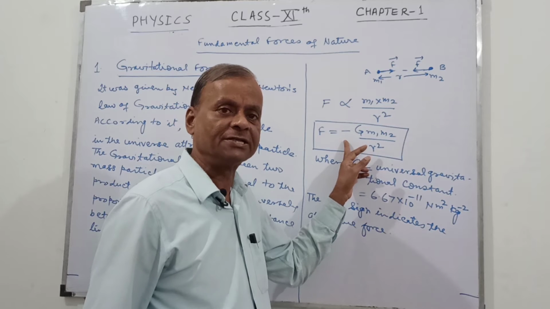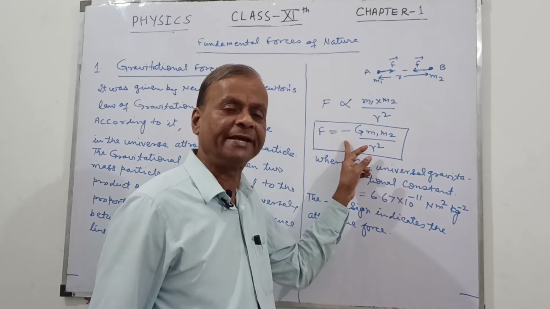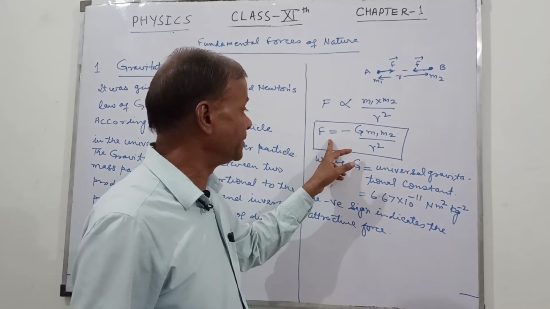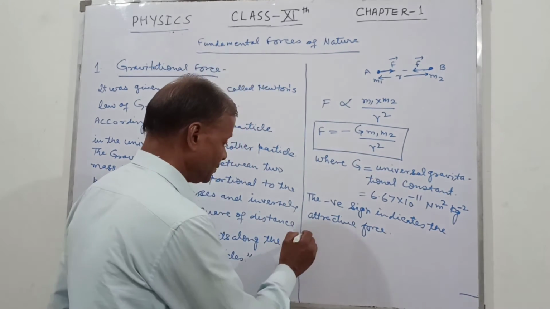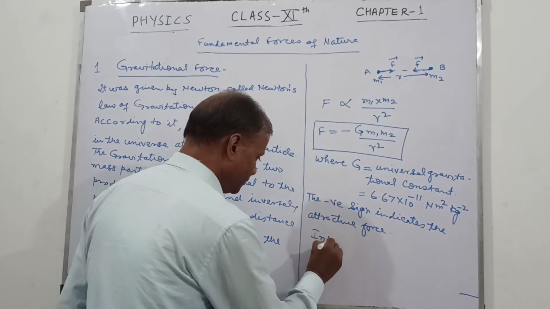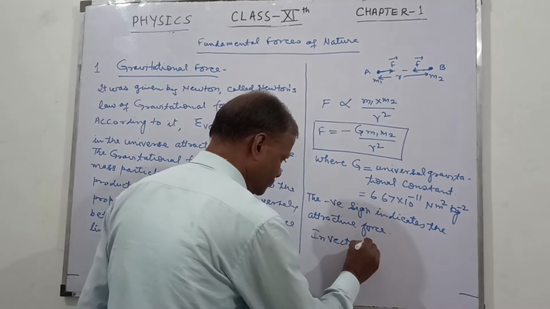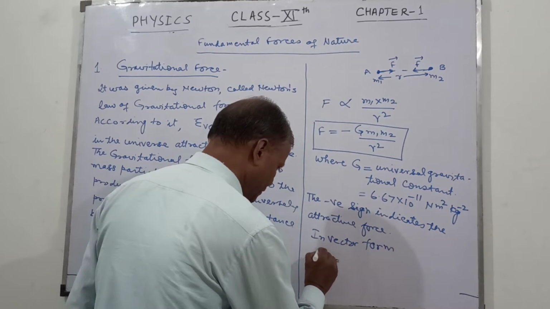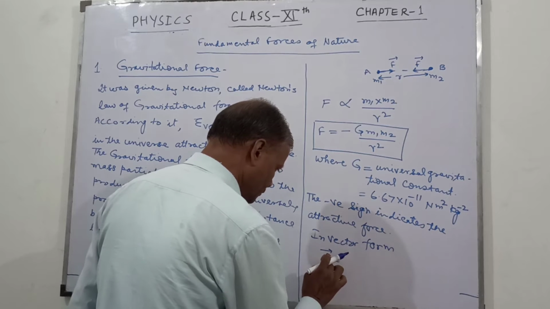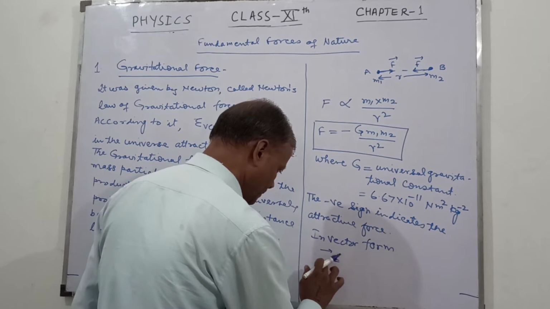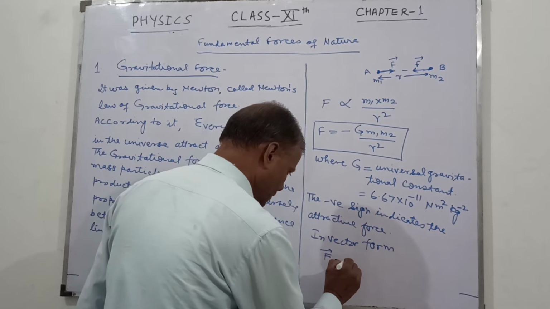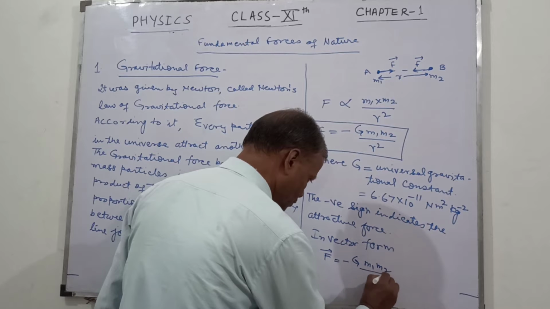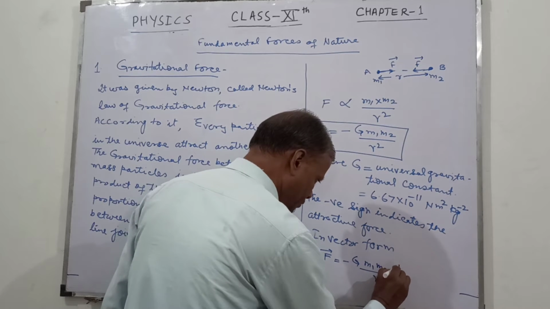If this minus sign is not applied, it means that we are taking the magnitude of this force. If we want to represent this in vector form, F equals minus G m1 m2 upon r square into r cap.